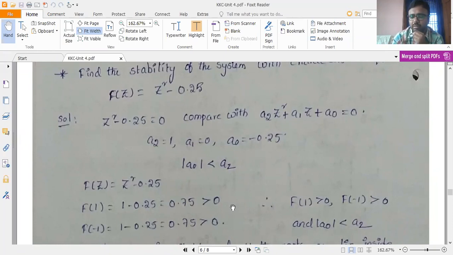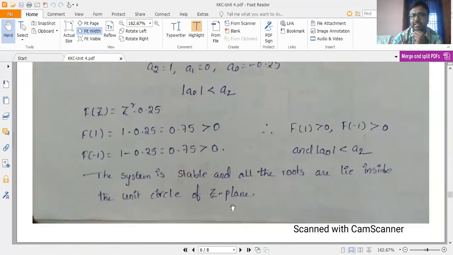Okay. So all the conditions have been satisfied for the second order equation. So we can say this system is stable and all the roots of the equation lie within the unit circle with respect to the Z plane.